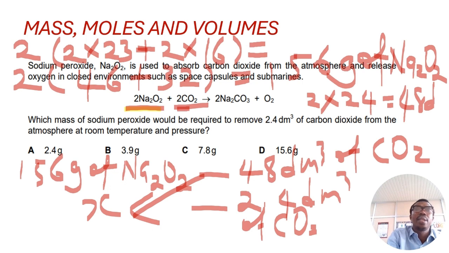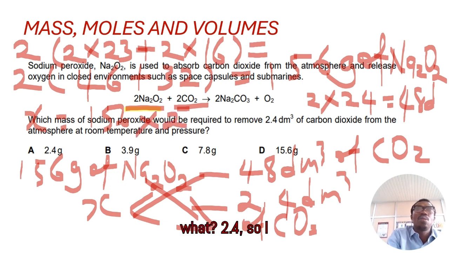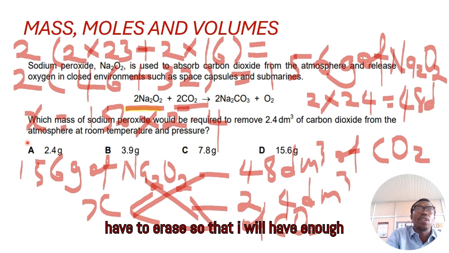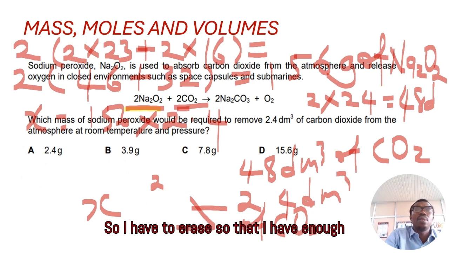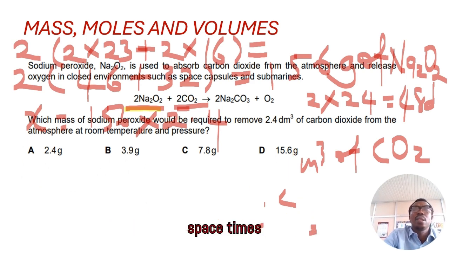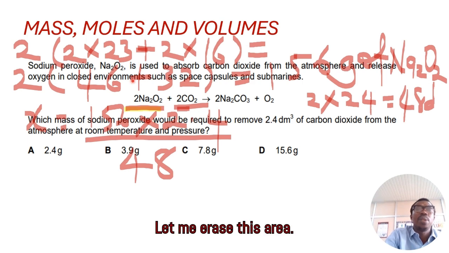We cross multiply: x will be equal to 156 times 2.4 divided by 48. Let me erase so that I have enough space.